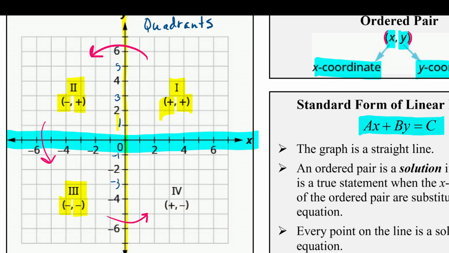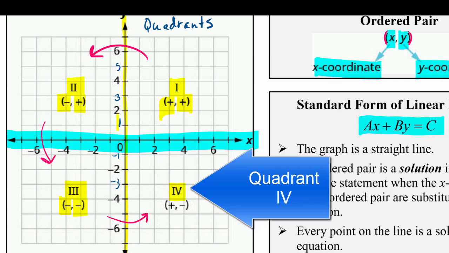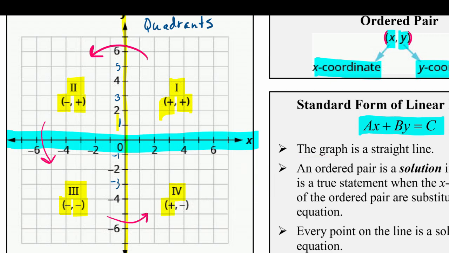And finally, the last quadrant here on the lower right-hand corner is the fourth quadrant, Roman numeral 4, and this is where we have ordered pairs with a positive x-coordinate and a negative y-coordinate. So in this video, we're just going to practice plotting ordered pairs and stating which quadrant or which axis they lie in.